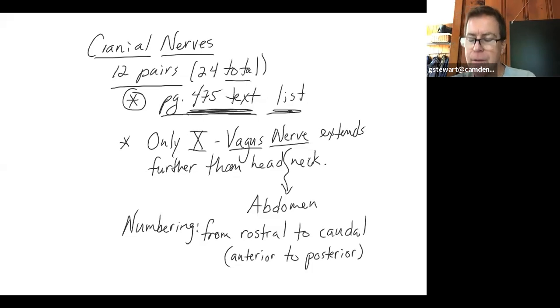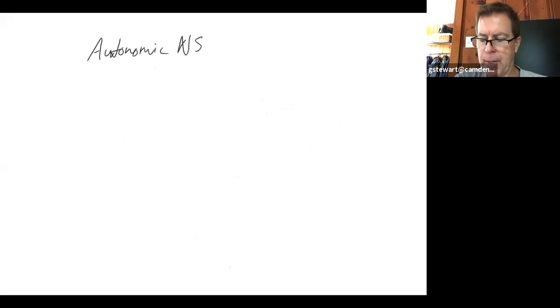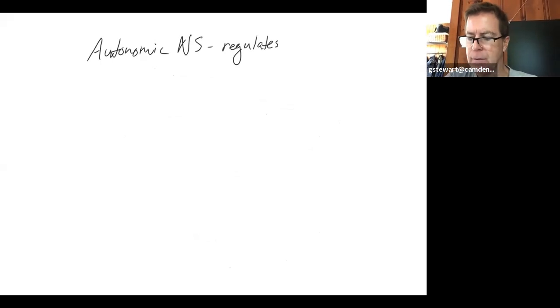Now I need to get into the autonomic nervous system before we call it a day. So that's a new chapter. We're going into chapter 14, and I'm going to talk about the autonomic nervous system. And we know that it regulates internal body systems.